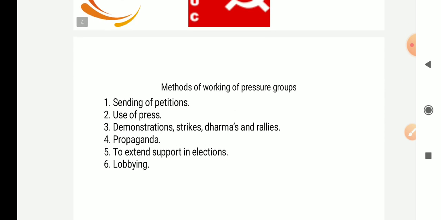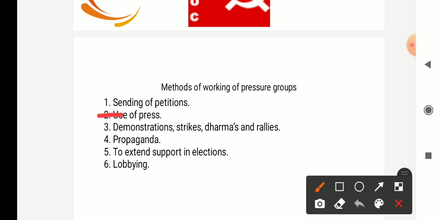Then methods of working of pressure groups. How do these pressure groups work? First is sending of petitions. What does it mean? These pressure groups first send petitions to the officials concerned, and this is the first way of doing this.